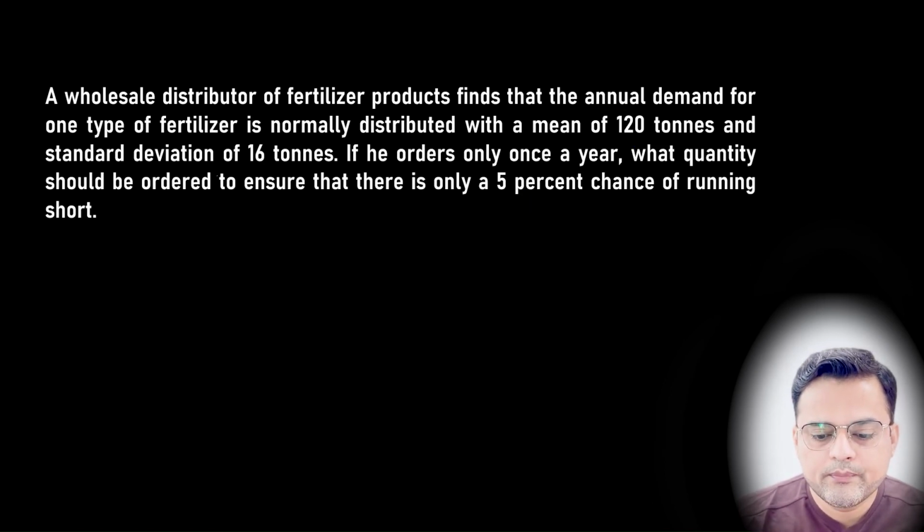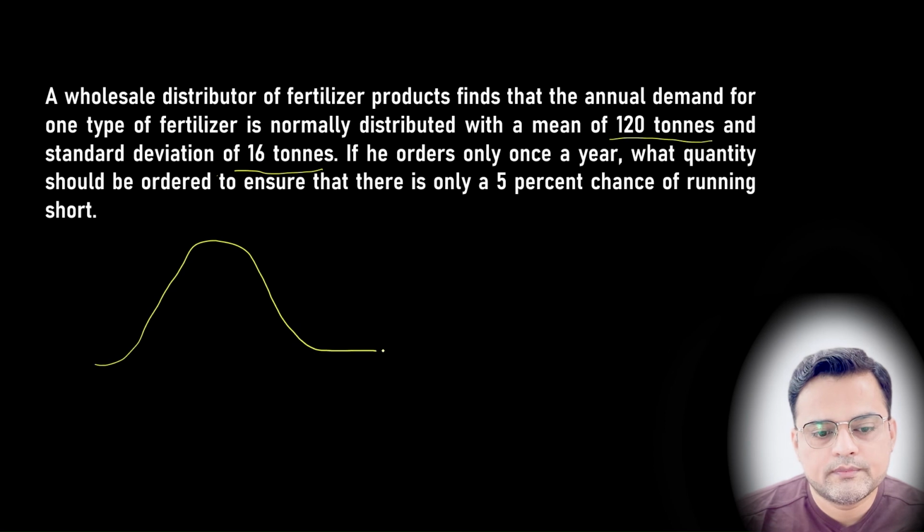Let's say that a wholesale distributor of fertilizer products finds that the annual demand for one type of fertilizer is normally distributed with a mean of 120 tons and a standard deviation of 16 tons. So very easy. Again you plot the curve. So your mean is 120.